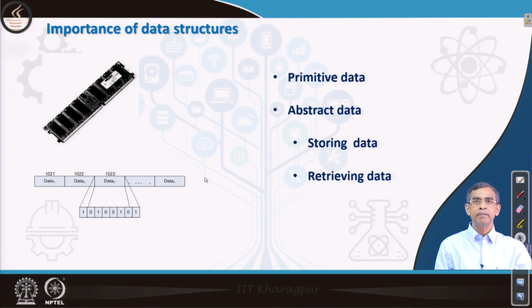Primitive data is really very simple, like integer, real, boolean or character, they are one sort of primitive data. But with this primitive data, if you want to store some other complex data, for example, an image, then definitely the primitive data definitions supported by the programming language developer are not the only way that you can do it.